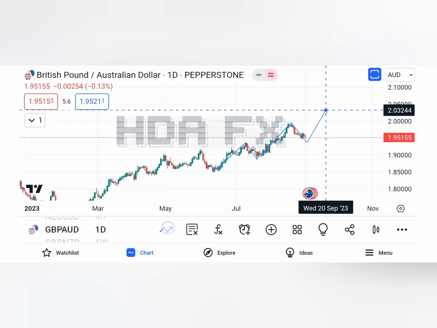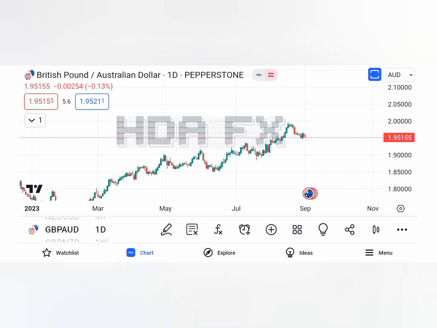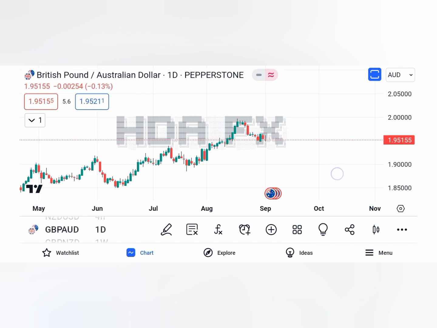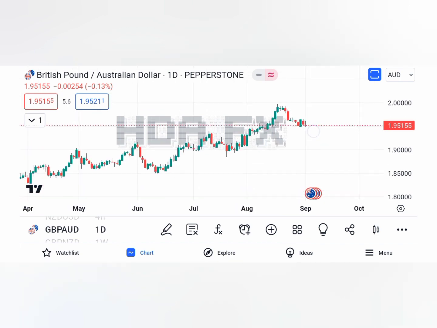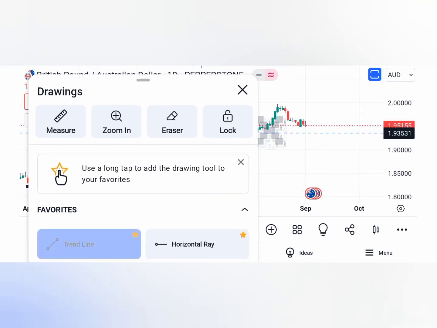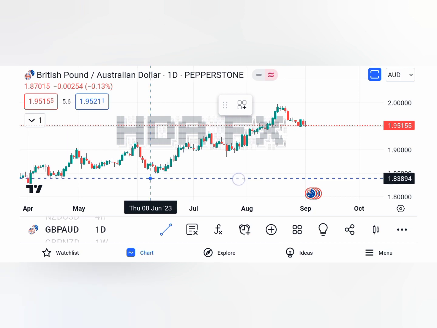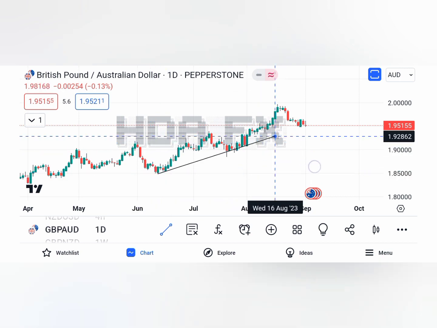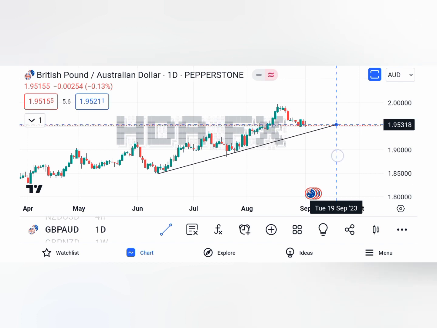So let's continue with our technical analysis. Now we can have a trend line here. We can have a beautiful trend line at this very point here, which is important.